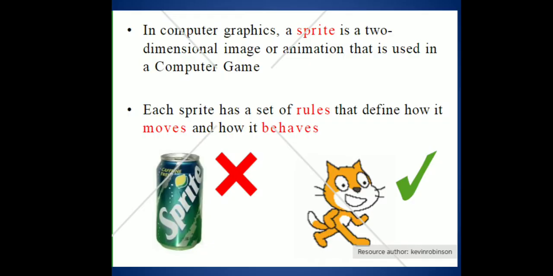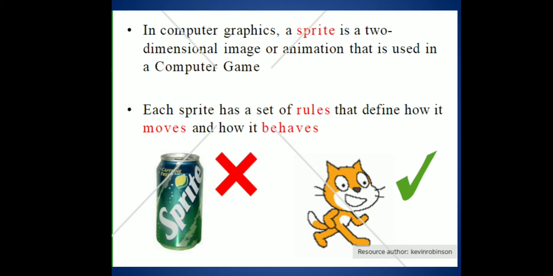Now, when you open Scratch, you will find a cat on the screen. In computer graphics, a sprite is a two-dimensional image or animation that is used in a computer game. Each sprite has a set of rules that define how it moves and how it behaves.